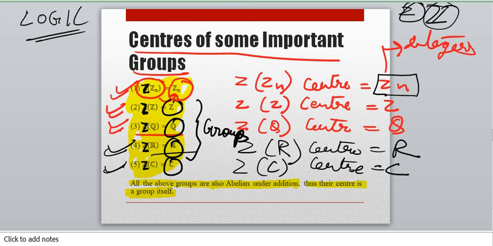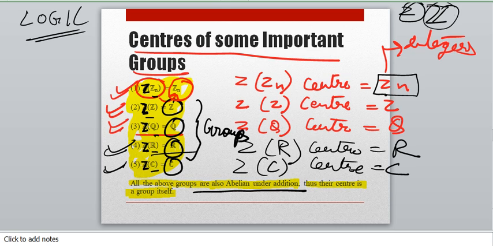What they are trying to say is that all the above groups are abelian under addition, so the centers are a group itself.